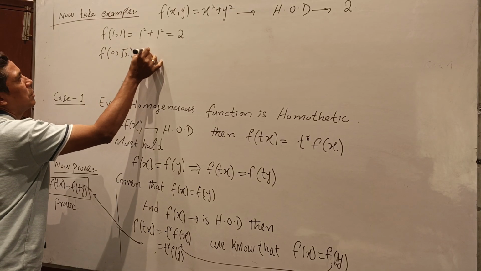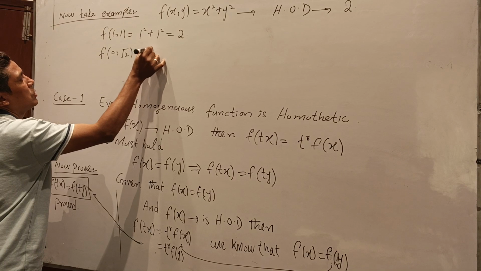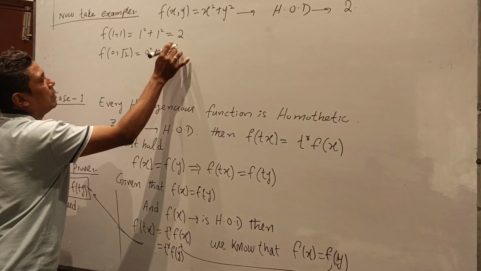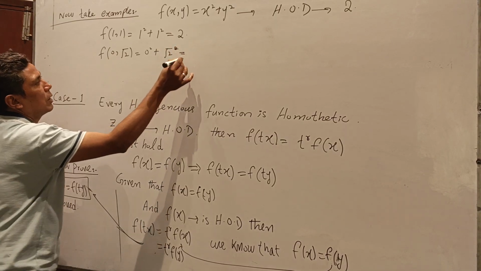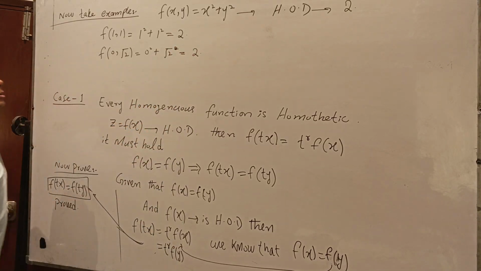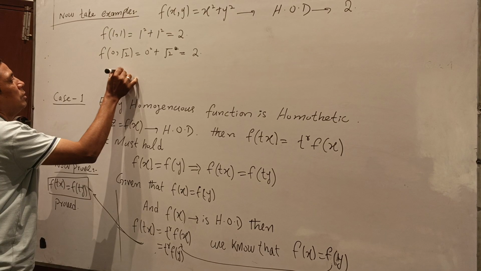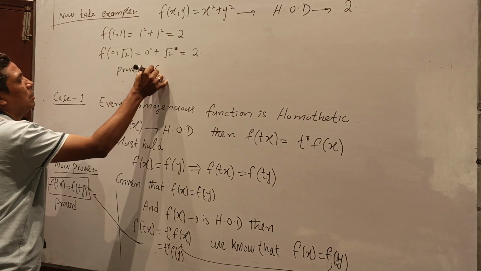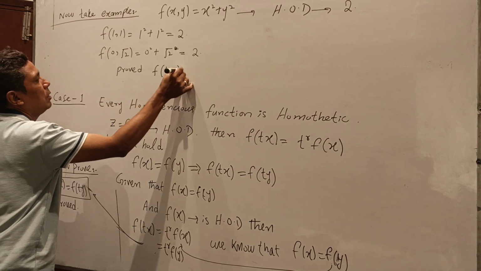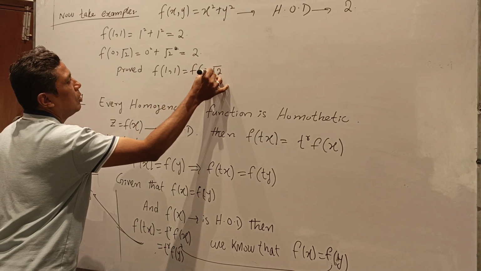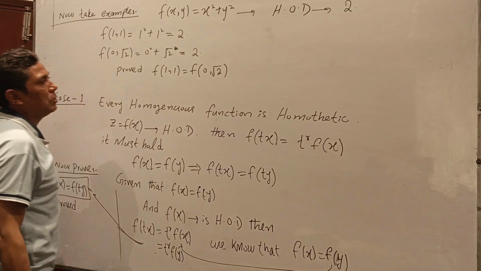What about this one? 0 square plus square root 2 square, again it is 2. So it has been proved that f(1,1) equals f(0,√2).